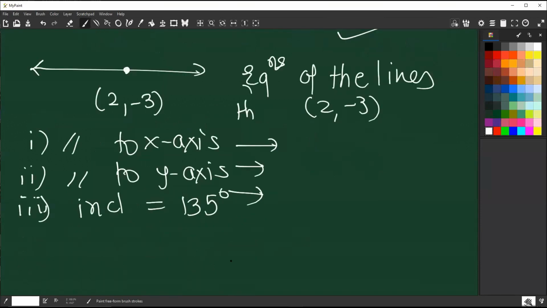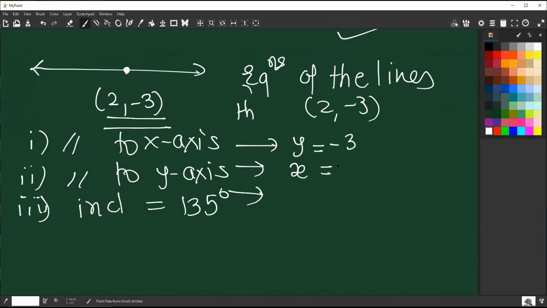You want to try? You got it? Or should I tell you? See, when a point is given, first understand: if parallel to x is asked, you have to write y is equal to the y coordinate, so y is equal to minus 3 is the equation.